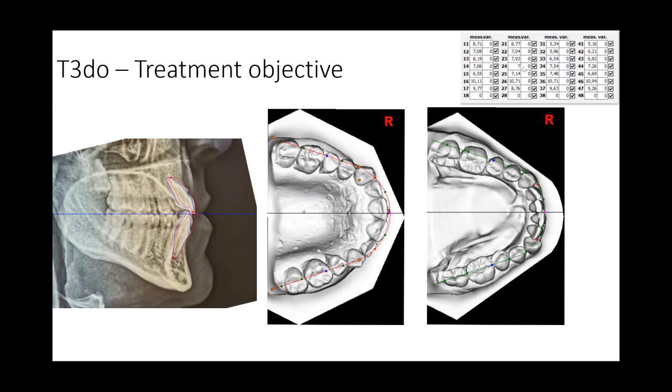The anterior movement is pretty clear, but I'm not totally convinced about your symmetry axis and the transversal movement that you are planning. Okay. So I opened the occlusogram.